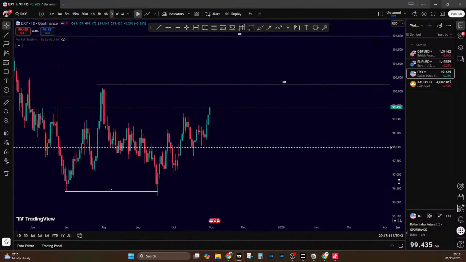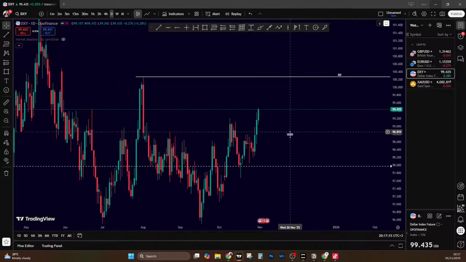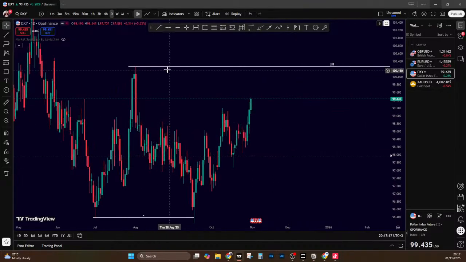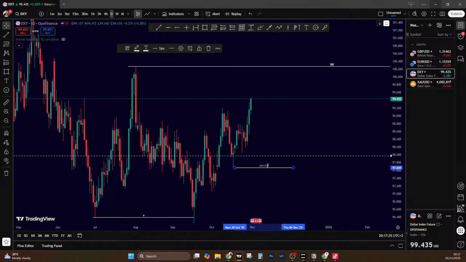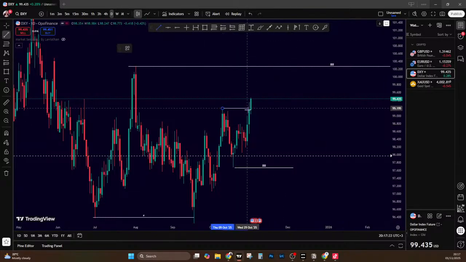That was, it took out liquidity there. So look at this. Before this liquidity is taken, we have to come and take out this liquidity, this one. Before the buy side liquidity is taken, the immediate one, you see we've broken structure here.